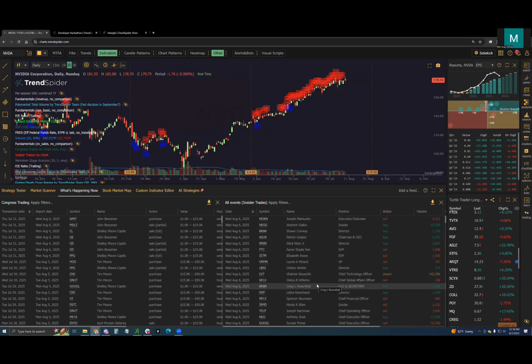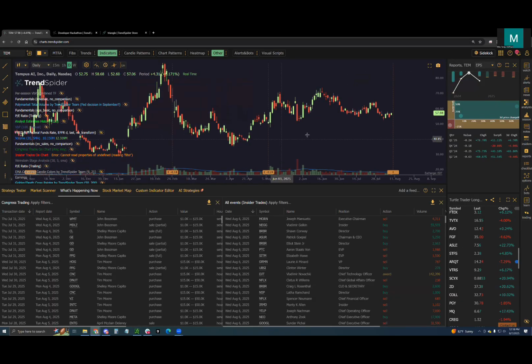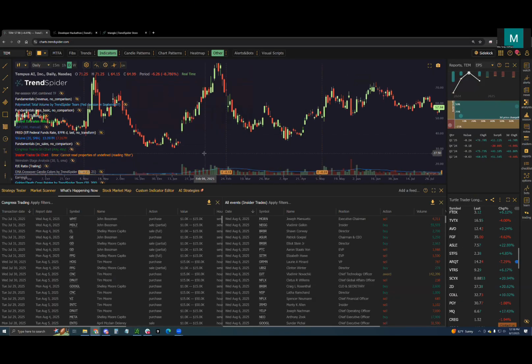So in general, there's pretty much no way that anybody can get insider trading data the second they buy it, just because they're not required to file that form right away. But right when they do, we get it. Just to answer that question, that is a very good question though. It's usually 2 weeks. I think they have to file it within 2 weeks.